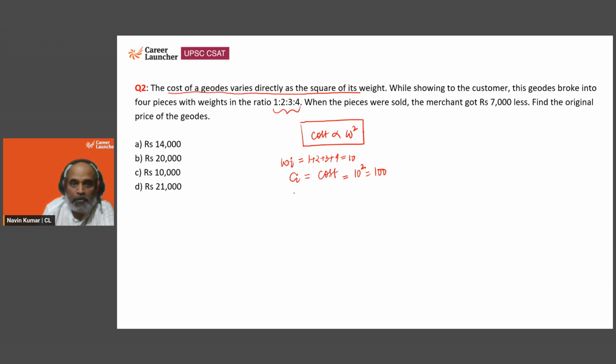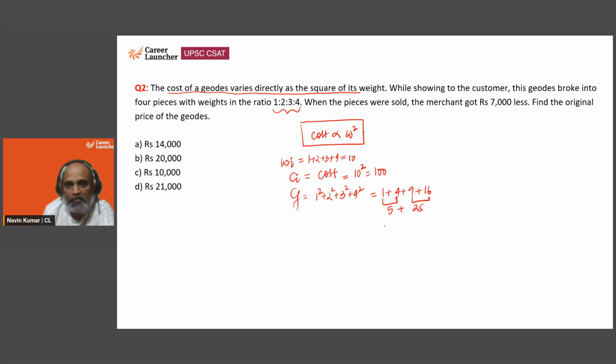Now, when it broke into 4 parts, and the weights of these 4 parts are 1, 2, 3, 4, then the final cost is going to be the sum of the square of 1, square of 2, square of 3, and square of 4. So this is going to give us 1 plus 4 plus 9 plus 16. Now 9 plus 16 is 25, and 1 plus 4 is 5.